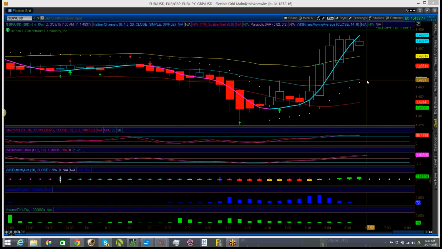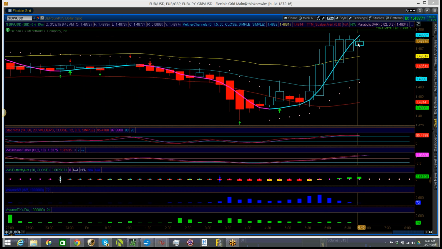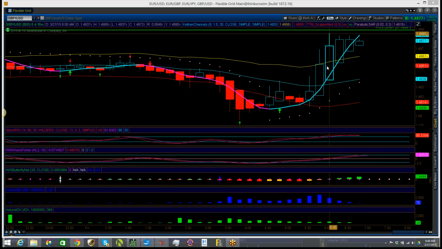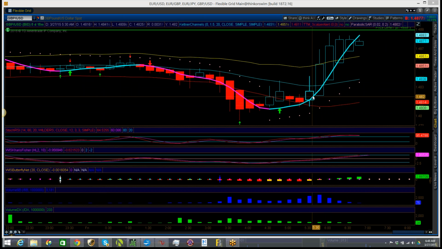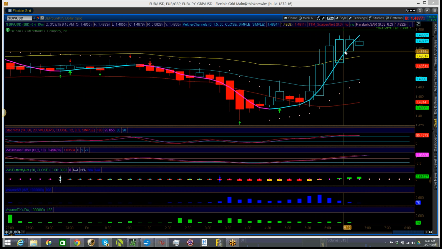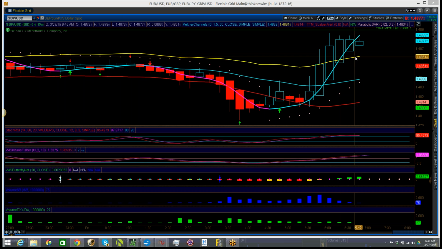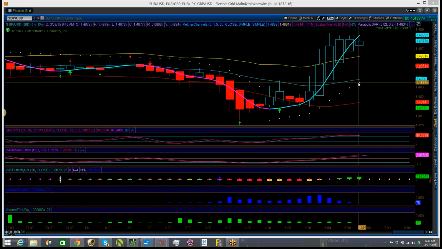Okay. So the comment was that the pound dollar may be reversing a bit. I'm looking at 15-minute candles, and I can see that the price has gone up. But the candles are getting smaller and smaller. The price is above the Keltner. Parabolic SAR still pointing up.